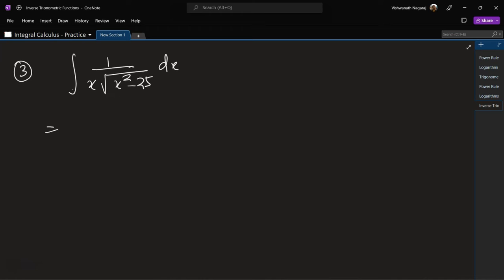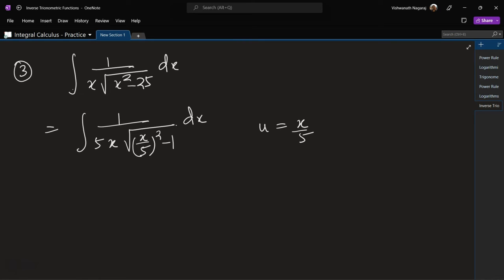So first of all we have to take out 25. So let's take square root of 25. If we take it out, we get 5x square root of x square divided by 5 can be written as x by 5 square minus 1 dx. Yes. Now let's say u is equal to x by 5, which means x equal to 5u.